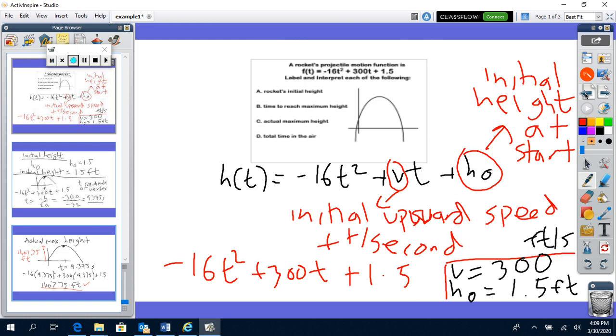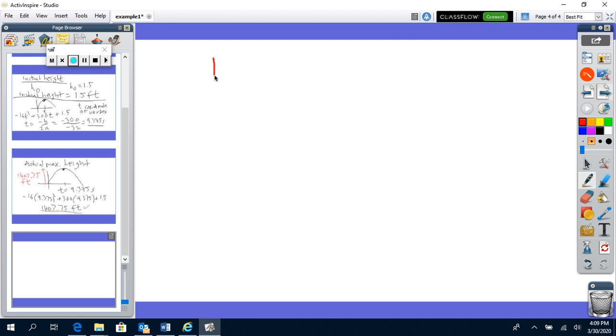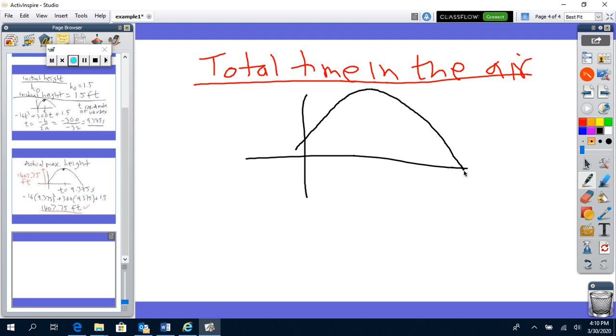Okay, and let's go back to the final question. Total time in the air. Basically, our rocket is going to be traveling like this. This will be t equals 0. And we want to find the time at which the rocket hits the ground.